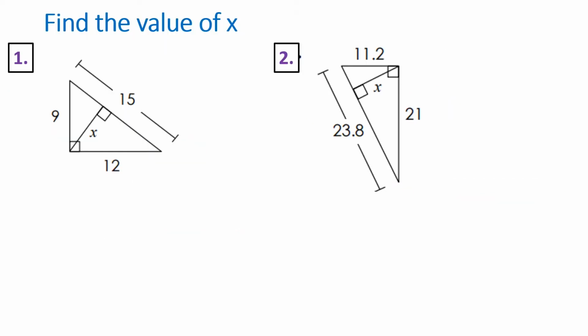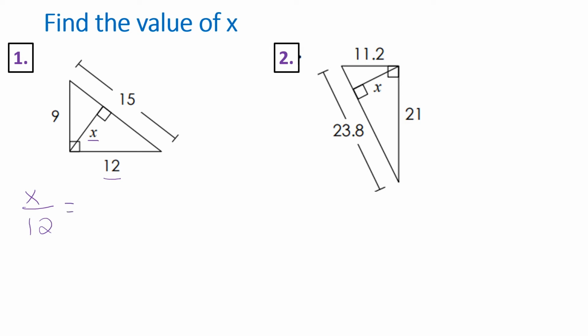So let's take a look at these two examples here. We want to find the value of x, and we could set up proportions to find the value of x. So for the first one here, my first proportion would be x over 12 because I'm using the altitude and the hypotenuse of that smaller triangle.